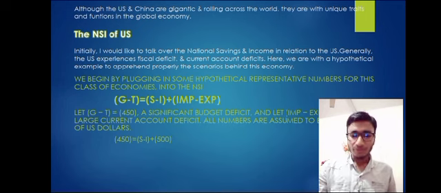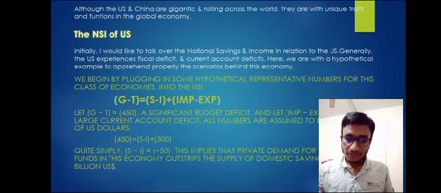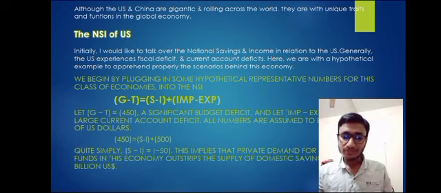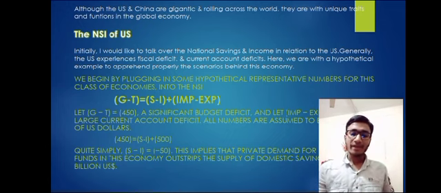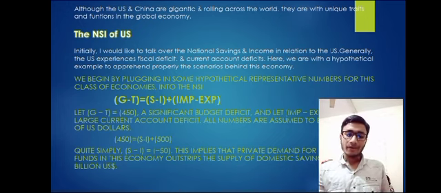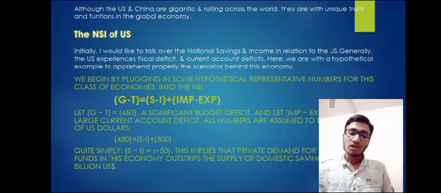We'll take another assumption, that if domestic savings increase by 50 billion, we'll find another equation where both deficits become equal. That means government expenditure minus tax will be equal to savings minus investment plus import minus export.